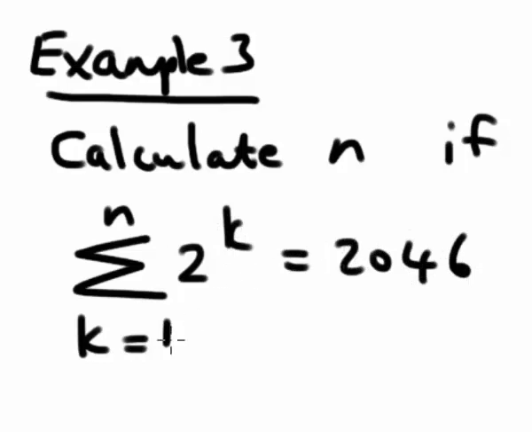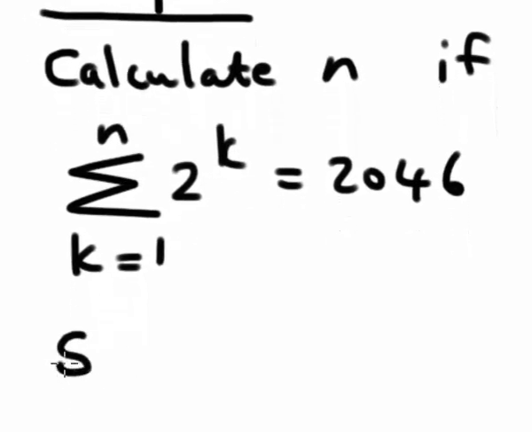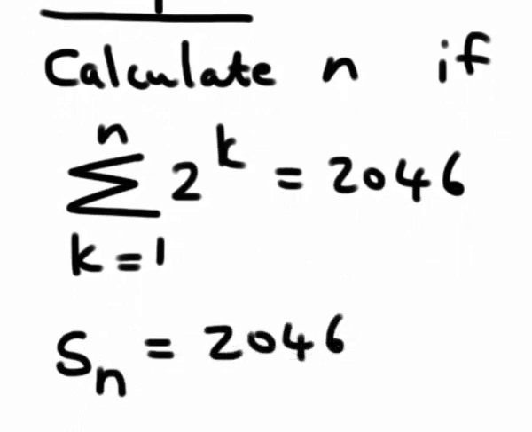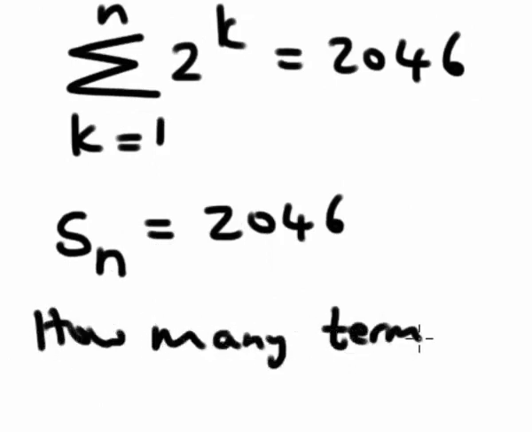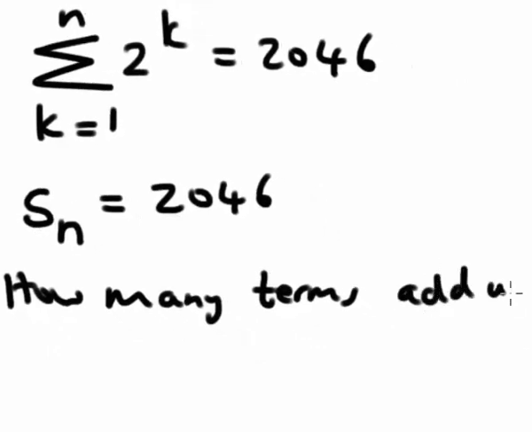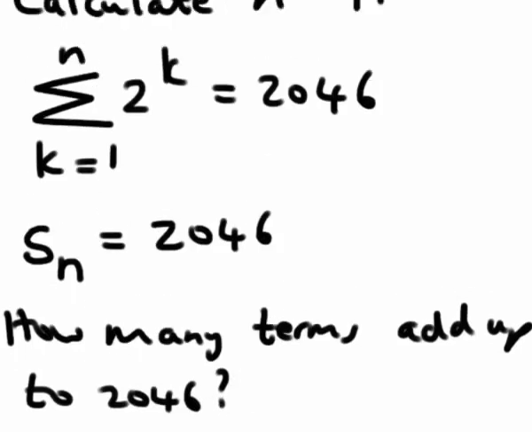So what does that mean? It says the sum of an unknown number of terms n must be 2046. So what is it actually asking us? It's saying, how many terms add up to 2046?